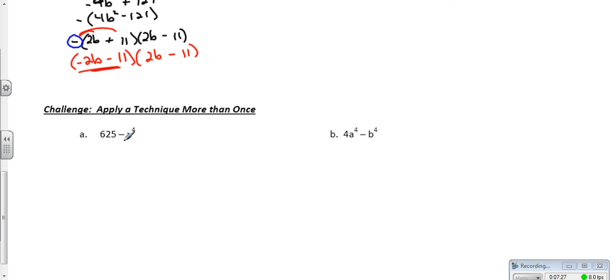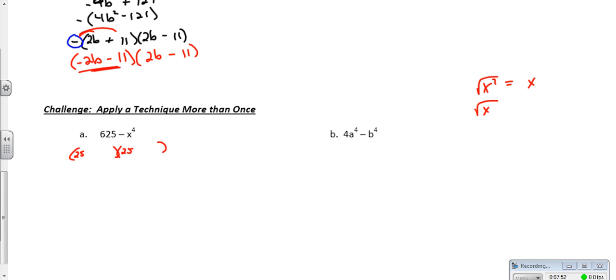Now, here we have a difference of two squares, but you're going to get an interesting result. If I factor this then, the square root of 625 is 25. The square root of x squared is x.